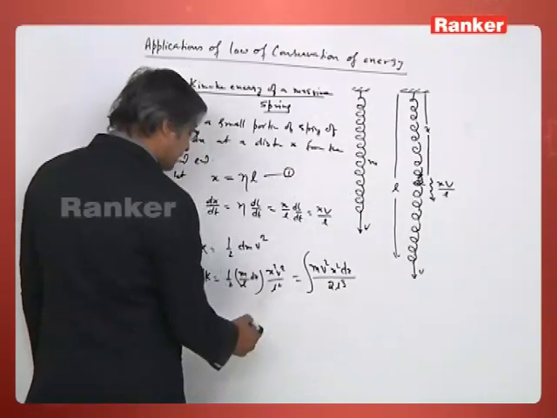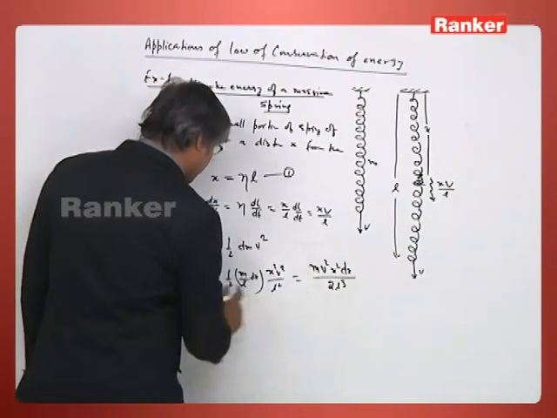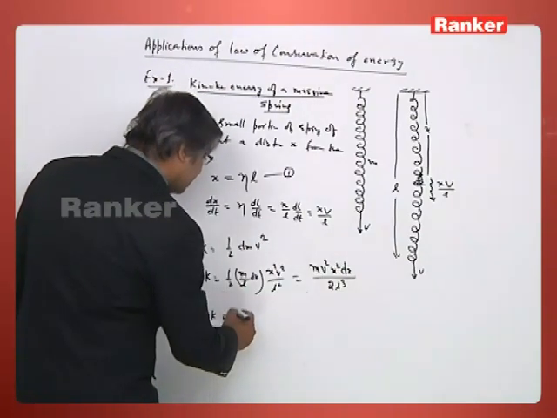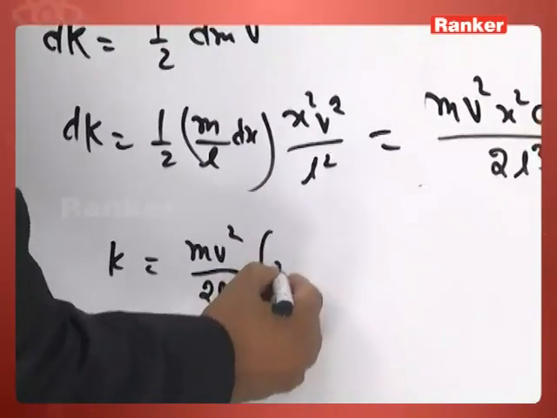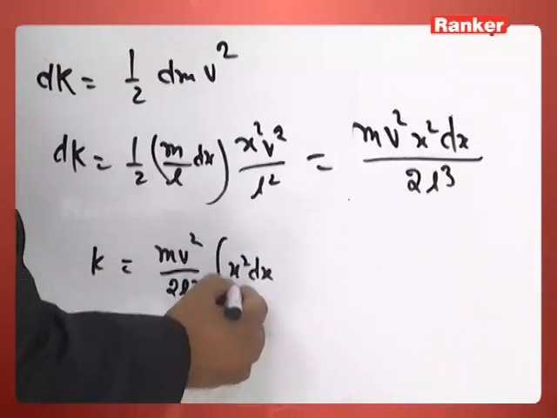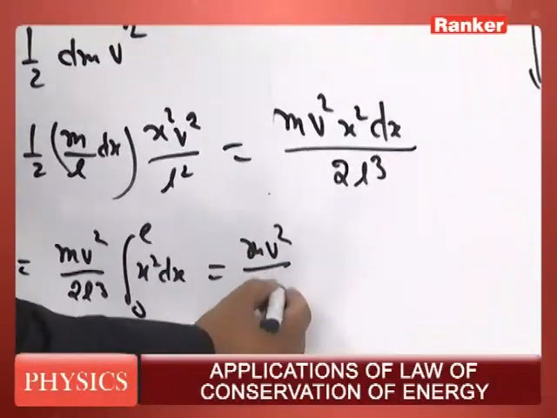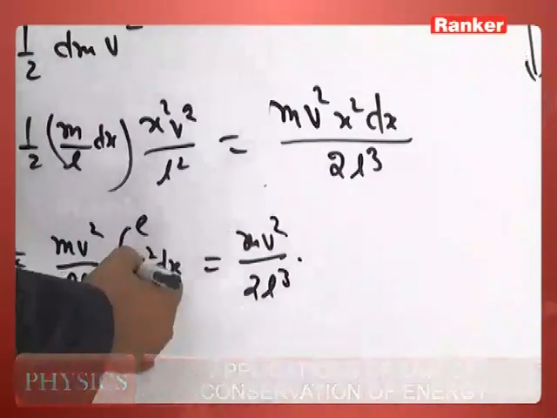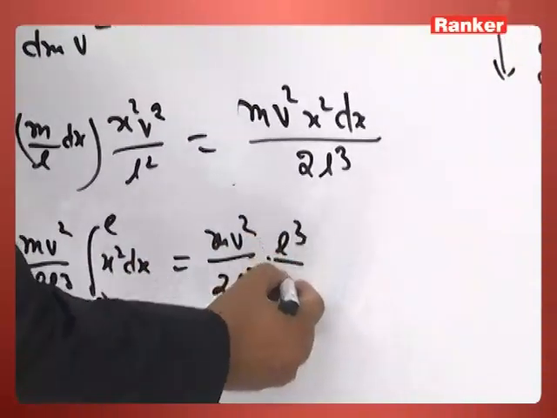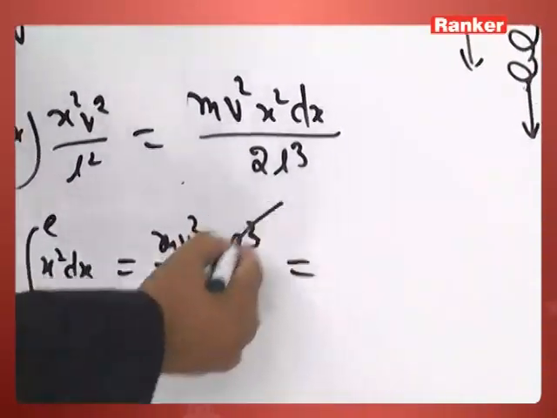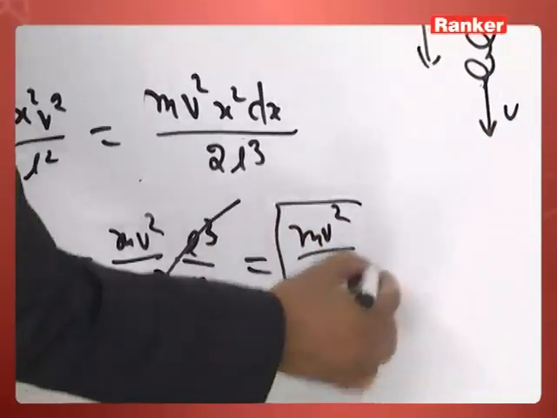Now I integrate it. K is equal to m v square by 2L cube, integration of x square dx from 0 to L. That is m v square by 2L cube times L cube by 3. So L cube gets cancelled, and we have m v square by 6.